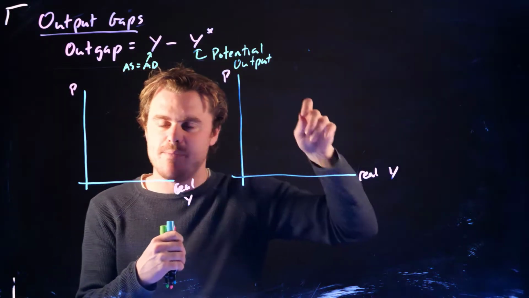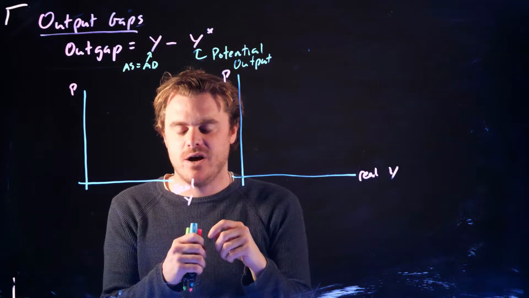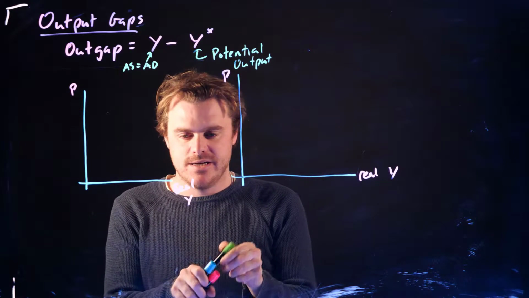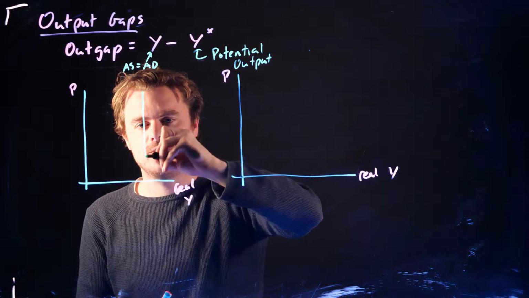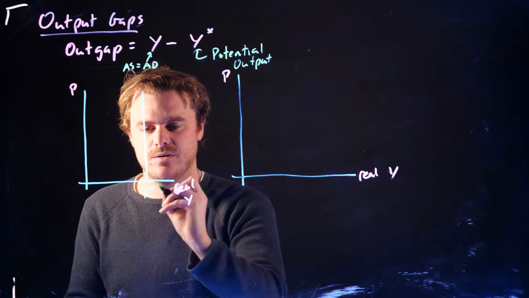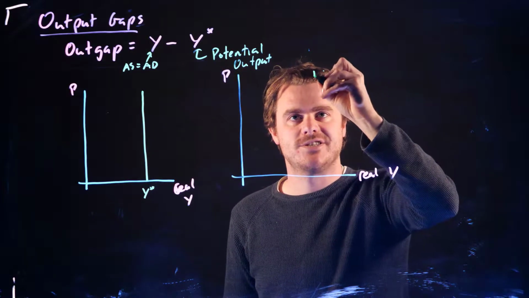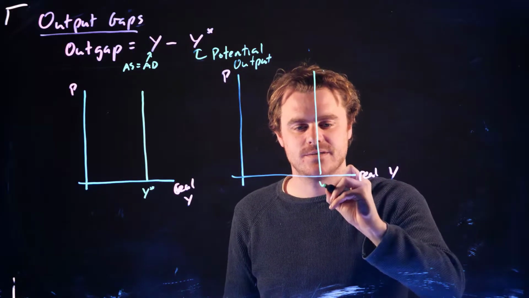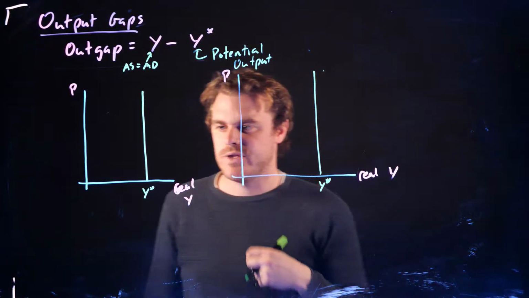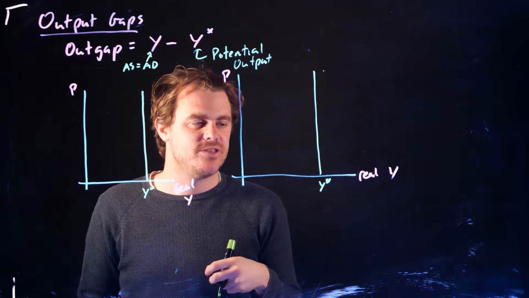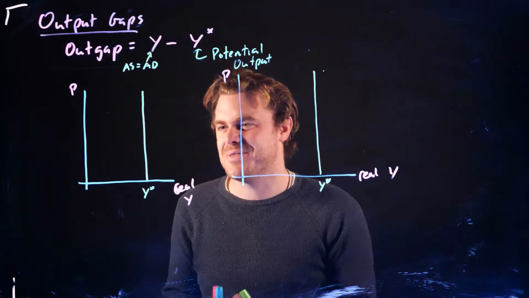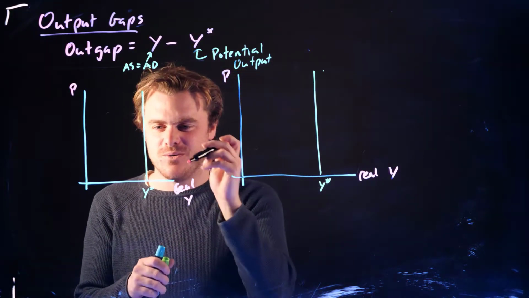Y star is some amount that doesn't depend on the price level, so it's this vertical line. It's just what our potential output is: how much output we'd get if we used our factors of production at their normal rates.